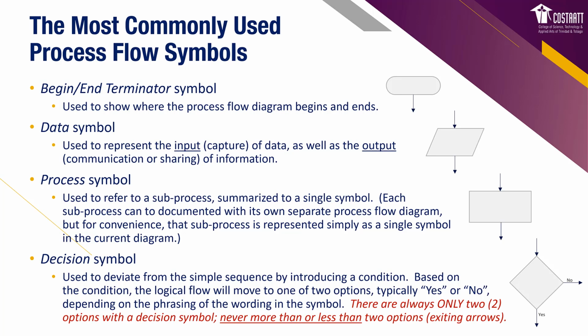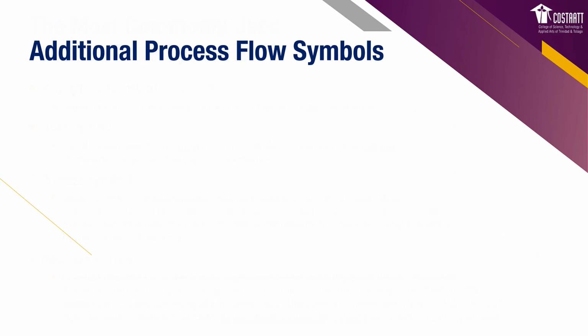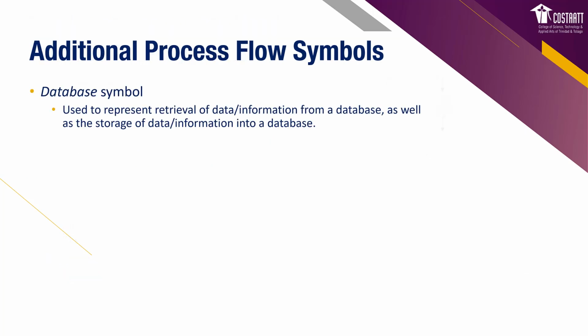So let's move on. In addition to these four most commonly used and the most critical symbols, we do have some additional symbols that you may at least want to know about, one of which you will very likely have to use in your assignment. So here we go. The first is the database symbol, and it is a simple cylinder or cylindrical shaped symbol.